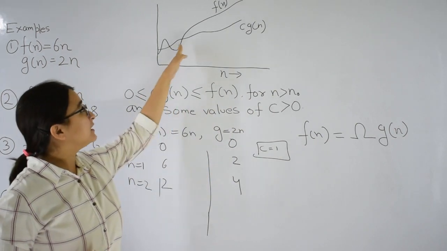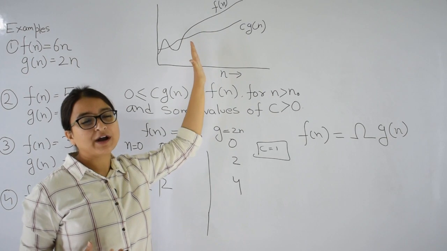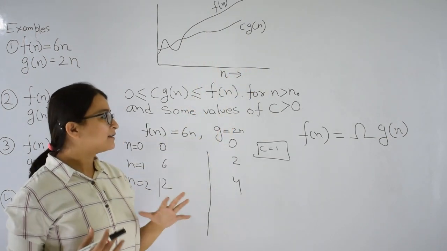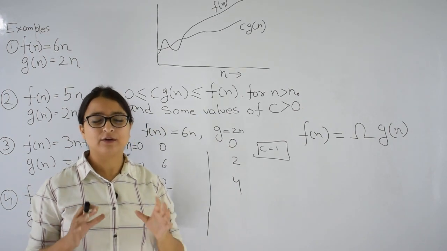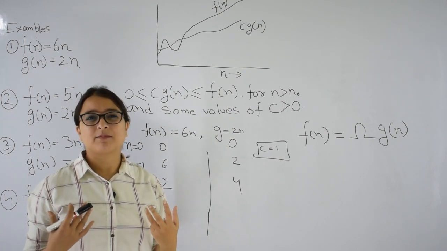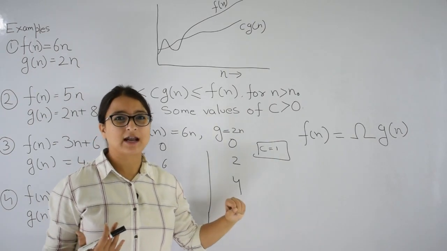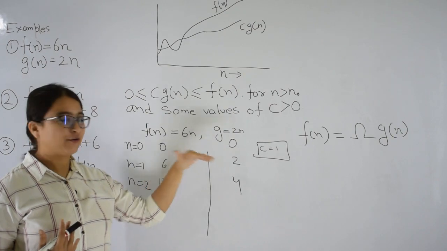And actually the functions show their true colors, their upper bounding and lower bounding, only after a value of n known as n naught. So even though mathematically you can obviously consider that, it is of very little practical importance to us when doing asymptotic analysis. That is why you may find me skipping this case very often.